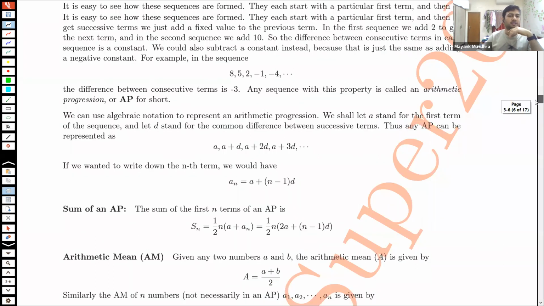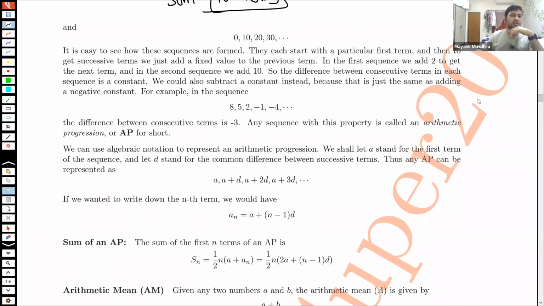Arithmetic series or arithmetic progressions are ones in which elements are added with a constant difference. The difference is constant between different terms. For example, 1, 2, 3, 4, 5, 6, and so on. You see the difference between these two terms is 1, between these two terms is 1, 1, 1, 1, and so on. So this is an arithmetic progression.